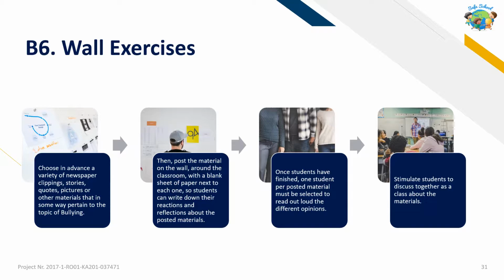The facilitator then posts all this material on the wall around the classroom with a blank sheet of paper next to each one, so students can write down their reactions and reflections about the posted materials. Students must then walk around the room silently, reading and or observing the material and sharing their opinion by writing anonymously.